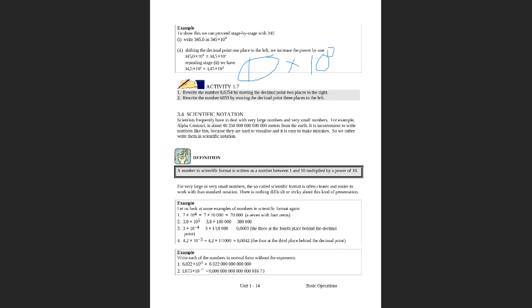For instance, if I give you 5 and I say, write for me 5 in scientific notation, it's going to be 5, which is between 1 and 10, times 10 to the power 0, because 10 raised to the power 0 is 1.